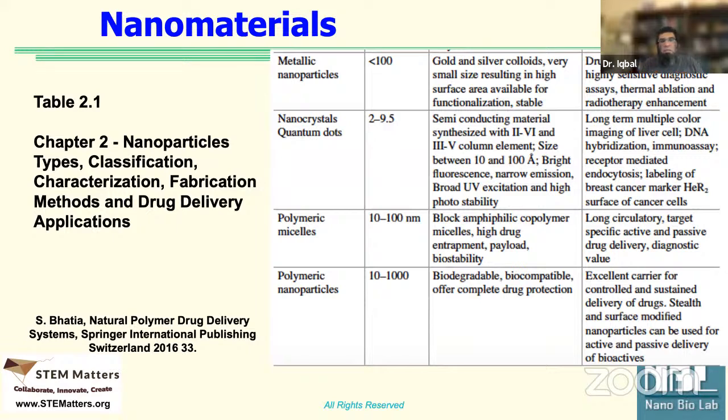If they remain stuck somewhere in a living system, the body would have its own reaction to those things. Short term, long term, we know many of the things, we don't know many of the things, but that's an important question which should be addressed when we talk about specific nanomaterials, right? So here we are just introducing various classes and various types of nanomaterials that are there, right?